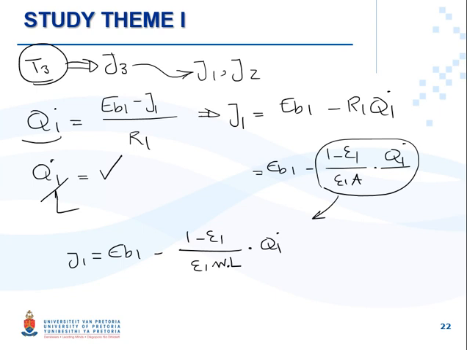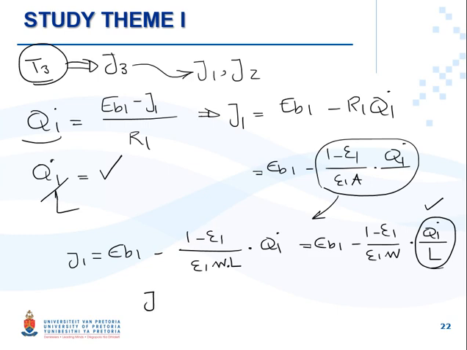The L goes here, so basically it's EB1 minus 1 minus epsilon 1 over epsilon 1 W multiplied by Q dot 1 divided by L. We have this one, we just calculated the number. So J1 will be 8323 watt per square meter.